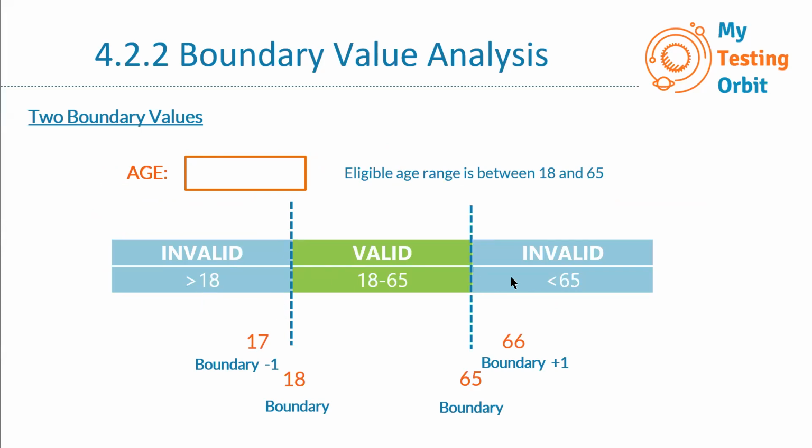So we have the same example, and I've taken out the values which we selected for equivalence partitioning. Now if we take this valid range, 18 to 65, then 18 and 65 are the boundaries themselves. So in two boundary values, first of all, we take the boundary values, which are 18 and 65.